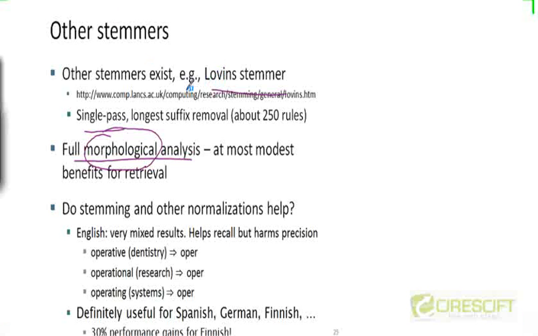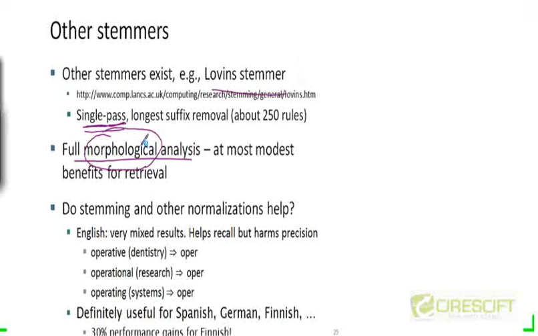Okay, so I was referring to other stemmers apart from Porter's stemmer, and one other example is the Lovins stemmer, which is a single pass stemmer. Instead of 5 phases, it has a single phase, and it again removes the longest suffix. And there are other examples of stemmers for English.